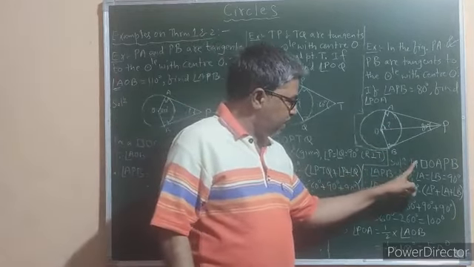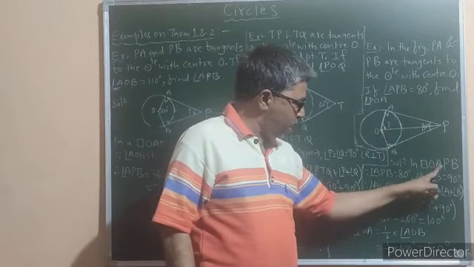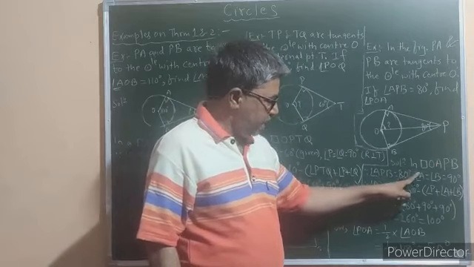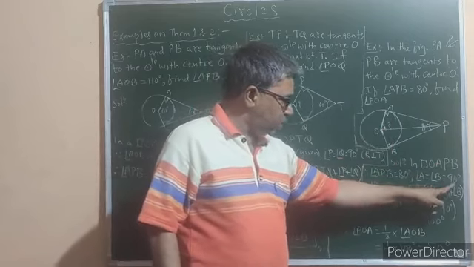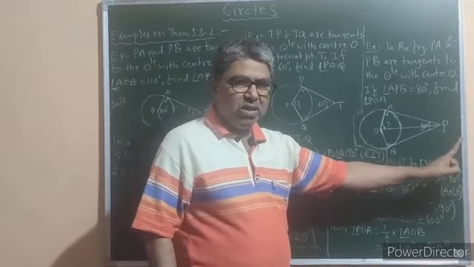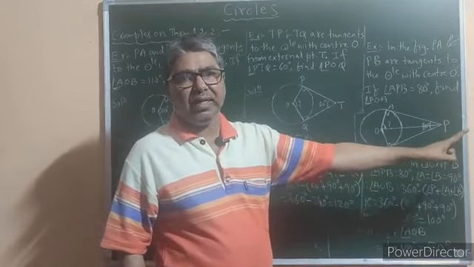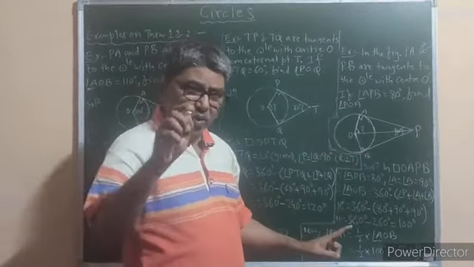Again in quadrilateral OAPB, angle APB is 80 degrees. Angle A is equal to angle B is equal to 90 degrees because the radius of the circle is perpendicular to the tangent drawn to the circle at the point of contact.